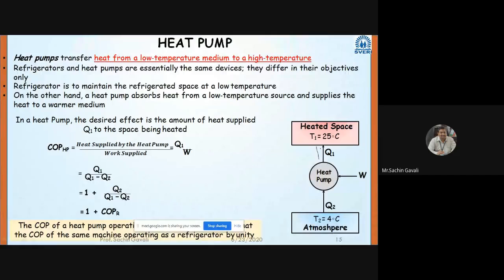Divided by work supplied, so COP of heat pump is Q1 divided by W, which equals Q1 divided by Q1 minus Q2. If you rearrange mathematically, it becomes 1 plus Q2 divided by Q1 minus Q2. We have to use this relation in numericals: COP of heat pump is equal to 1 plus COP of refrigerator.